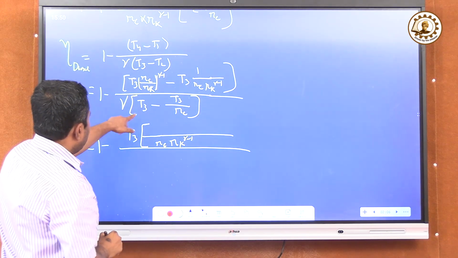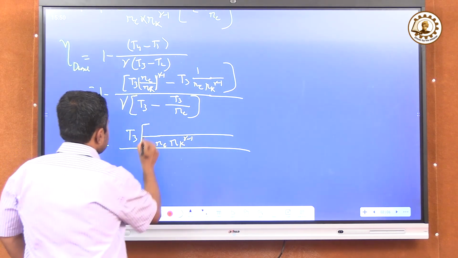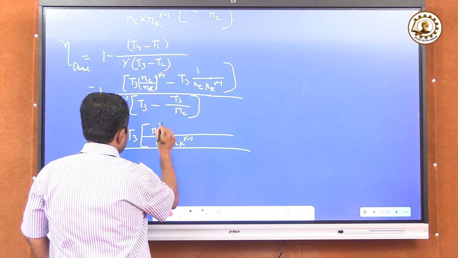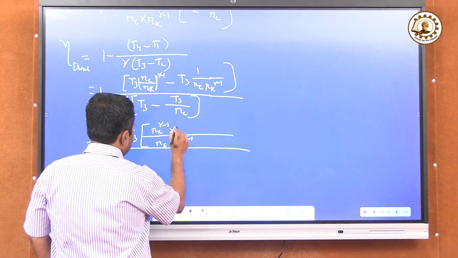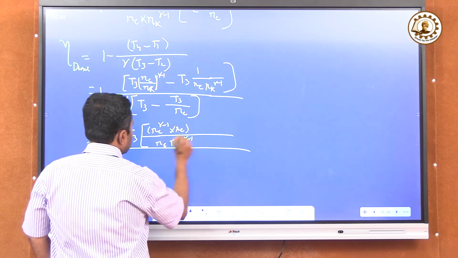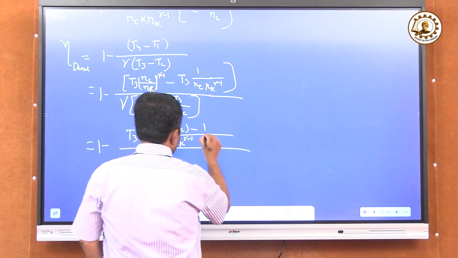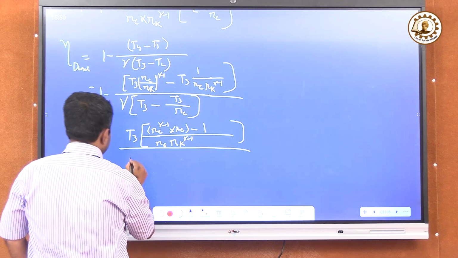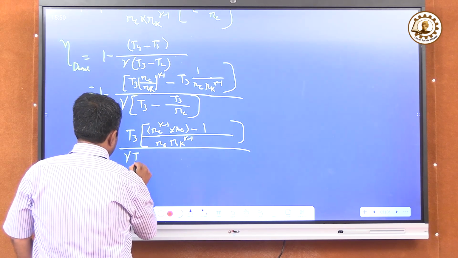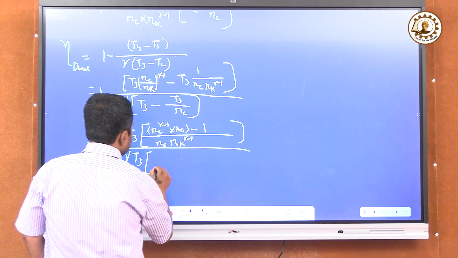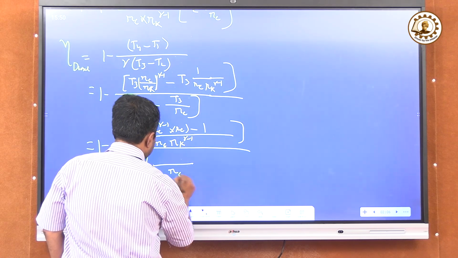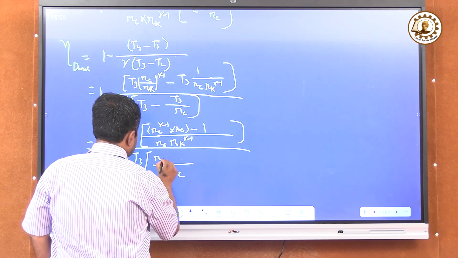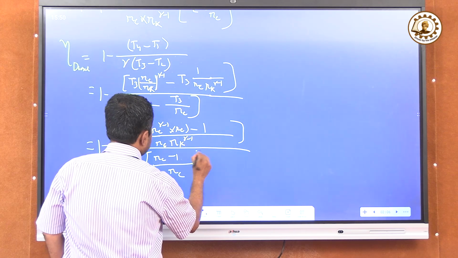Whatever we get is Rc to the power gamma minus 1 into Rc minus 1, and here gamma into T3 into Rc minus 1. Now we can cancel this T3.